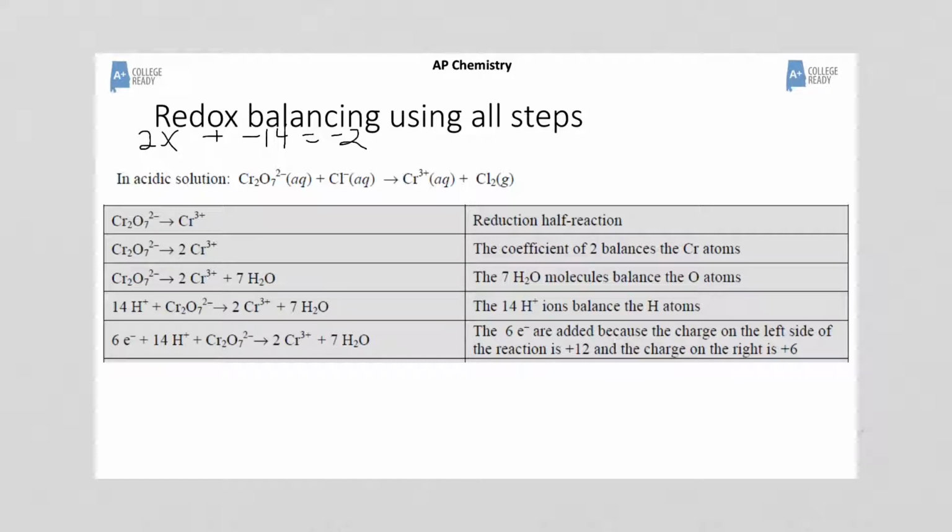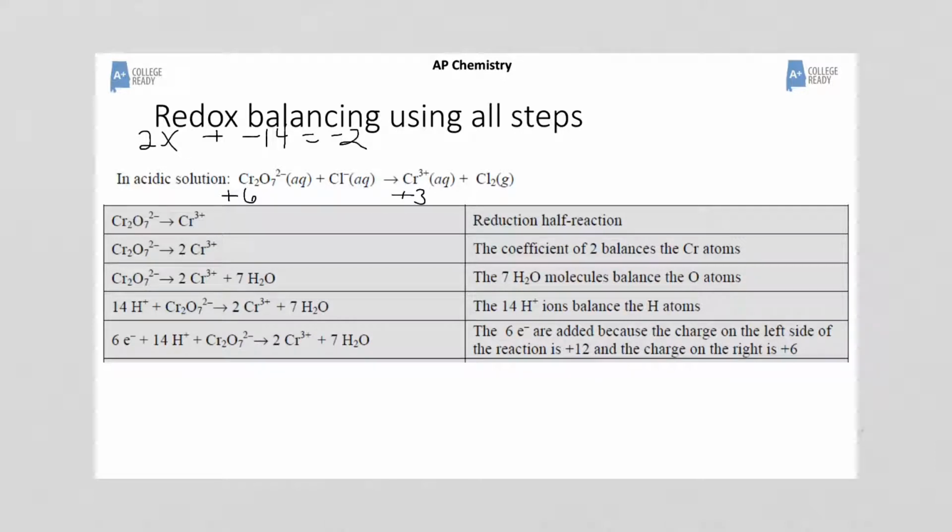That 2x term total would be +12. That tells us that half of that, each chromium, would be +6. So we've got chromium going from +6 here to +3. There was no question asking what was reduced in this case. We would answer chromium if that was asked, and citing oxidation numbers is how we would know.